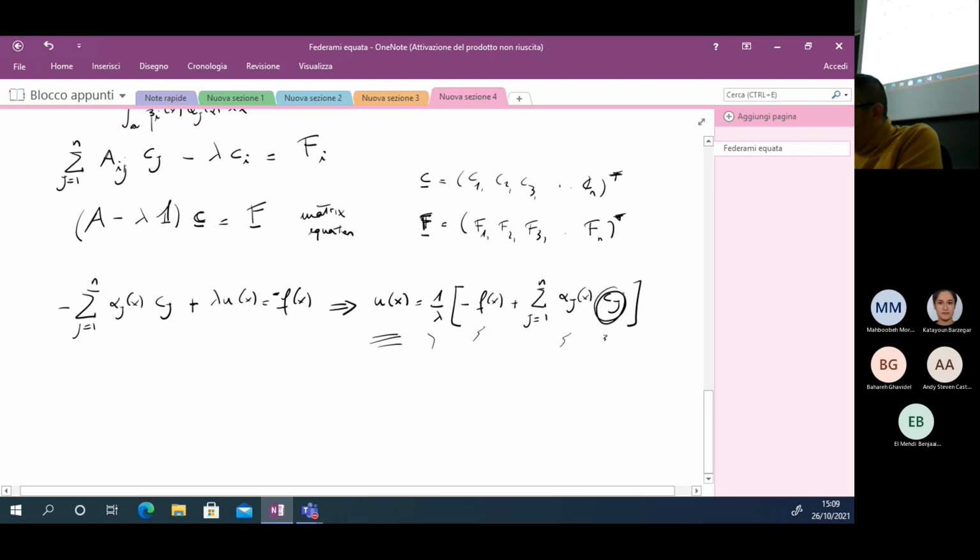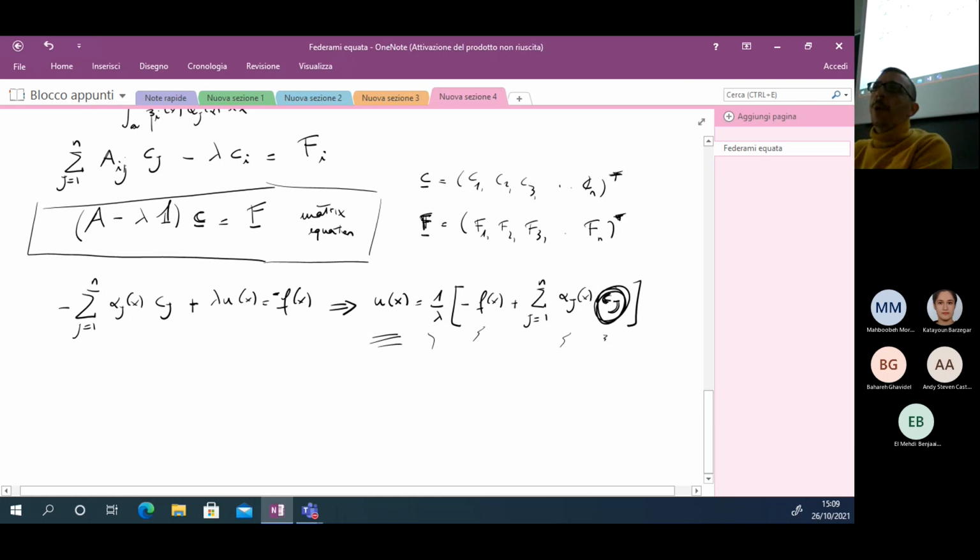So the idea is that I should be able to find this c j, and I can find it if I'm able to solve this linear system. And again, this is an algebraic problem.